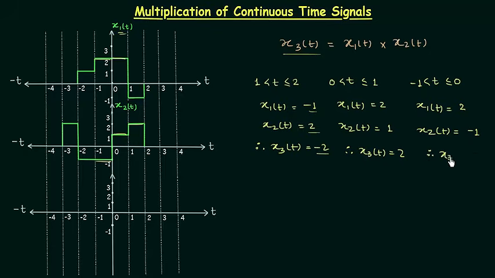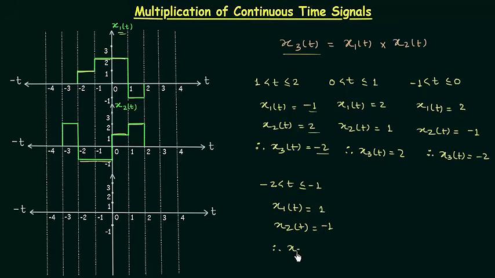Therefore, x3(t) is equal to -2. When time is less than or equal to -1 but greater than -2, signal x1(t) is equal to 1 and signal x2(t) is equal to -1.